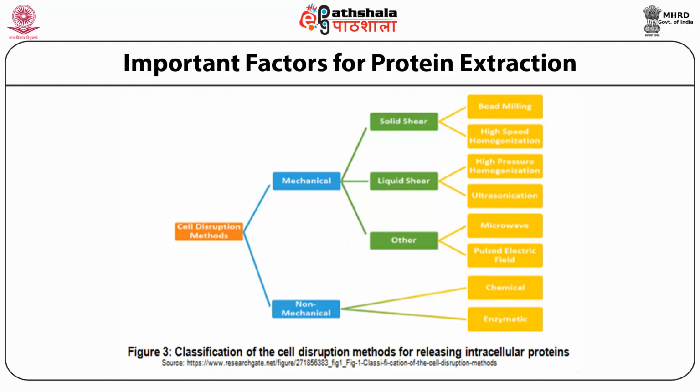For liquid shear, high-pressure homogenization and methods like ultrasonication are used. In the case of other methods, microwaves are used for disrupting the host cells, while in certain cases, pulsed electric field is used for breaking the cells. In the case of non-mechanical methods, the cells are lysed either by chemical means or by enzymatic methods.